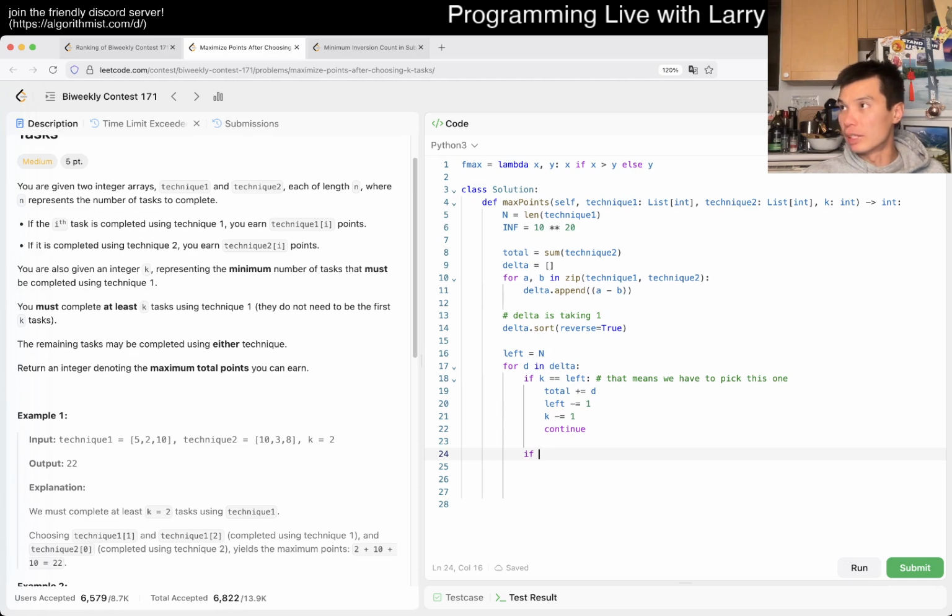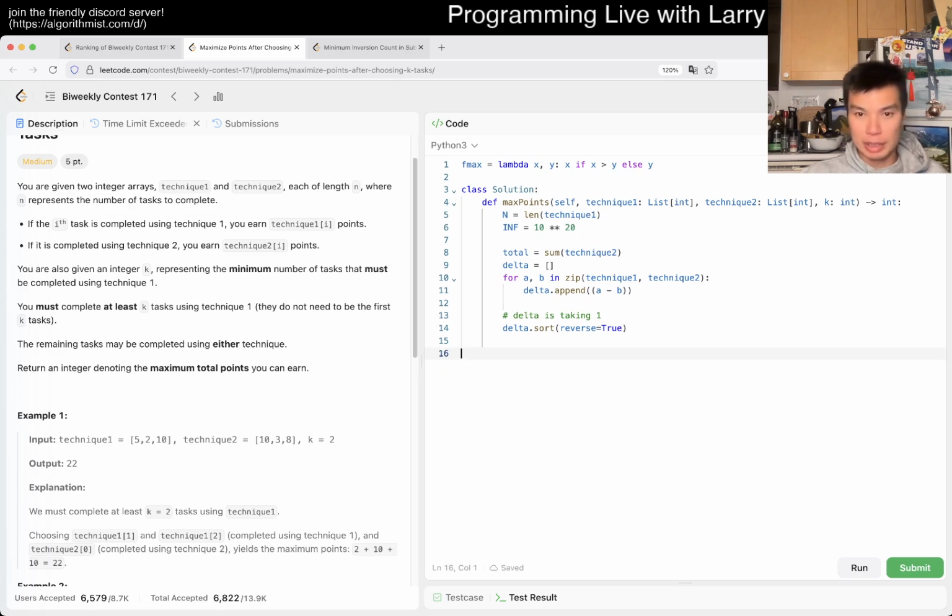That means that if it's negative, we don't take it. What are we doing? I could probably say this in a different way. Okay, so we take all the things, and we take the first k, and then, okay, yeah, we take the first k, right?